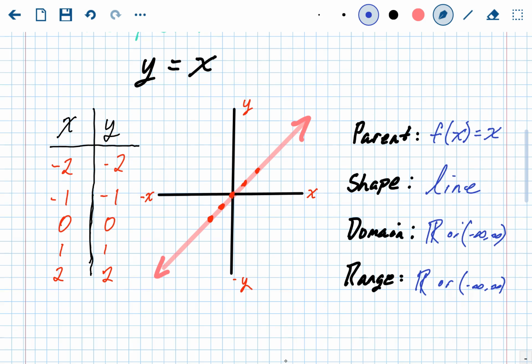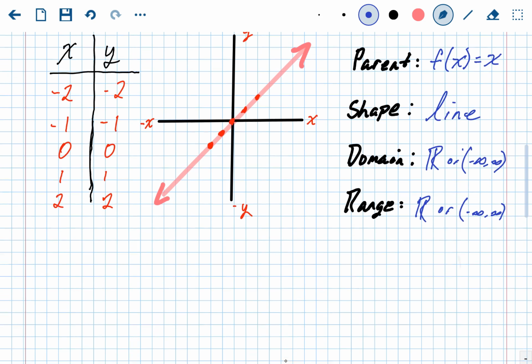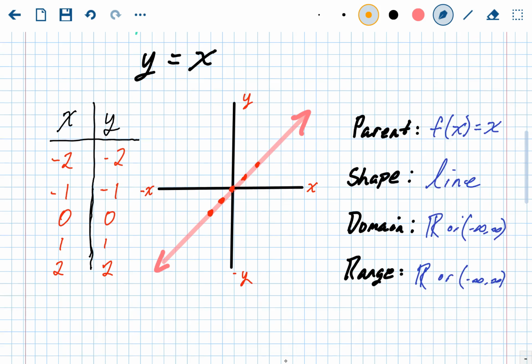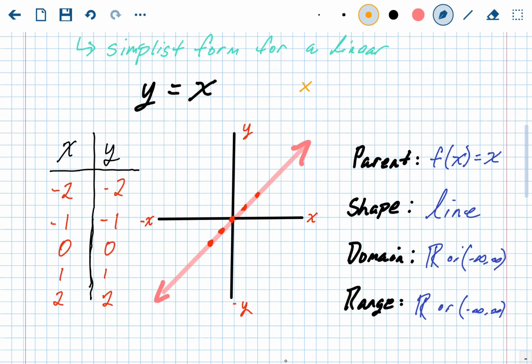Alright, so all of our linear equations are going to be based around this form. They're all going to have domains of all real numbers. They're all going to have ranges of all real numbers. And they're all going to be shaped like a line. One thing to note about linear equations, look at the equation we had, y equals x. That's x to the first power.